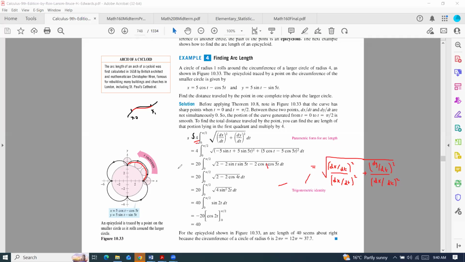And the angle they run here will be from 0 to pi over 2. Those are the limits of integration. Again, this is in terms of the angle that they have. They probably should have put theta, but t and theta are similar.